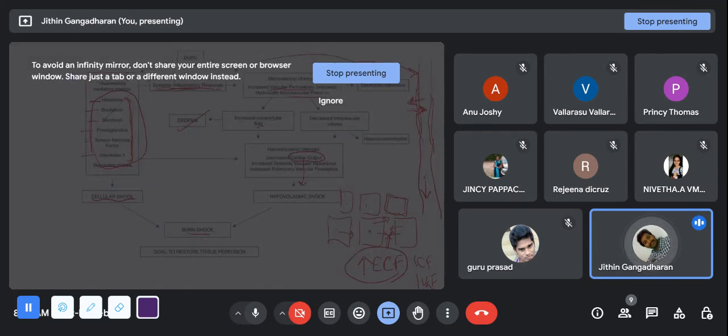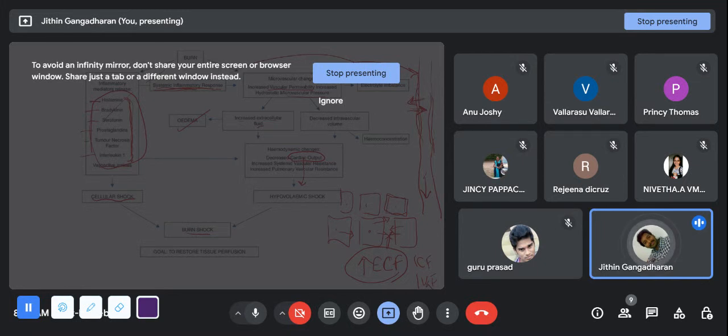The burns will lead to release of inflammatory mediators from the body. Example, histamine, bradykinin, serotonin, prostaglandins, like that. So this will lead to a cellular shock. And when these things are released, it will lead to systemic inflammatory responses, which will cause vascular changes.